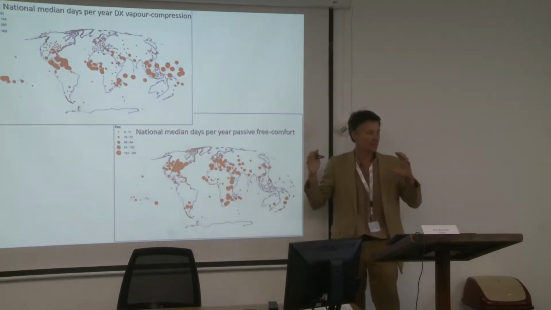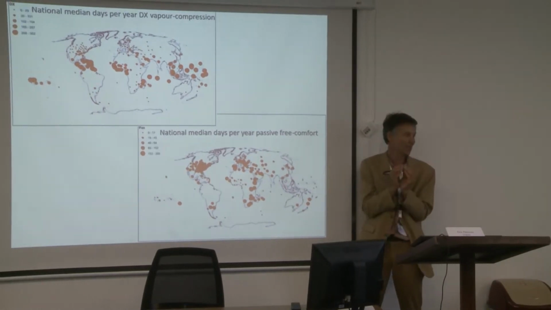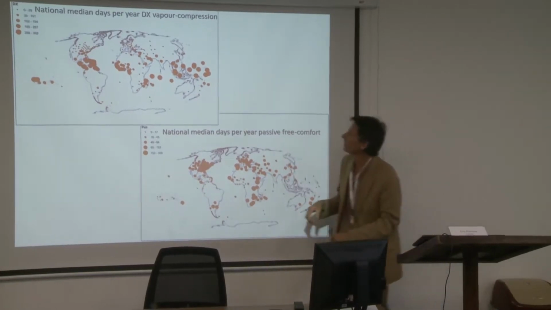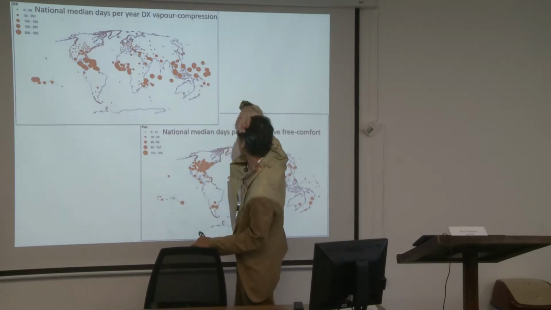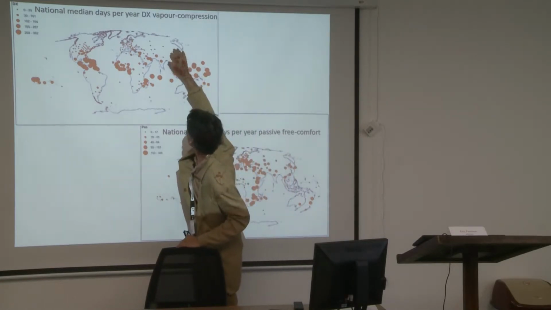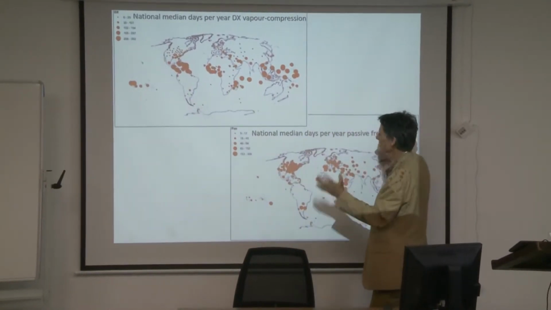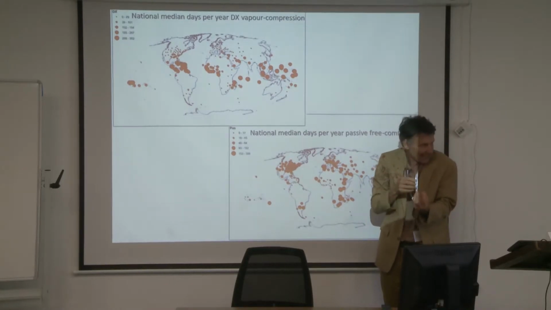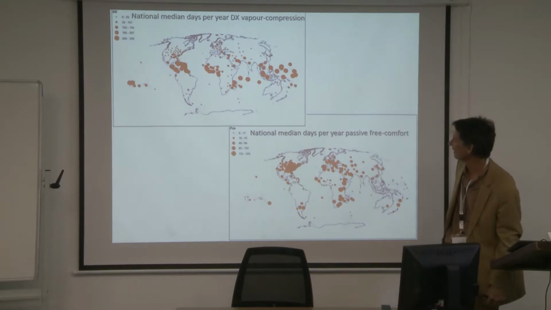I've taken, now with 10,000 sets of data, I've decided to just distill it down into median representatives of each country. And in my paper, I didn't think it was appropriate to tabulate big countries like China, the Russian Federation, the United States, Canada, Australia. It's too diverse. So I've only put small countries where you can say it's kind of representative of a province almost, at a provincial scale.